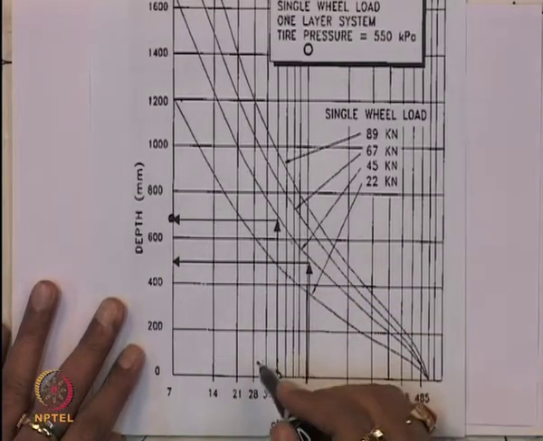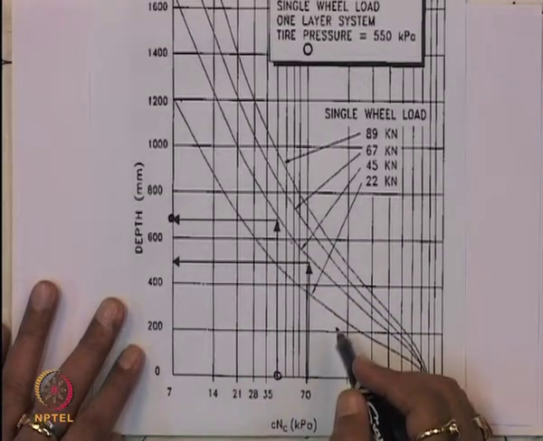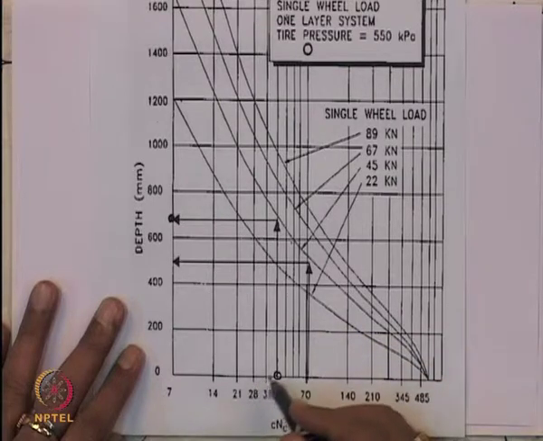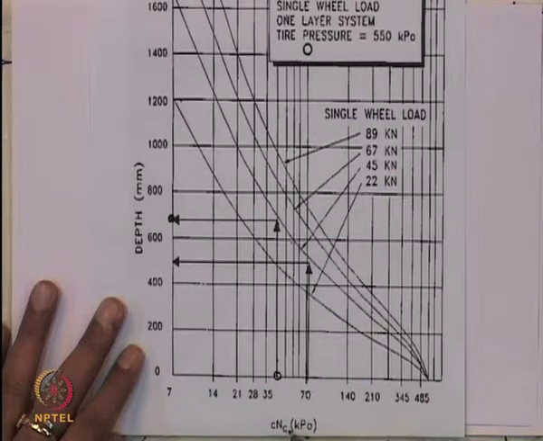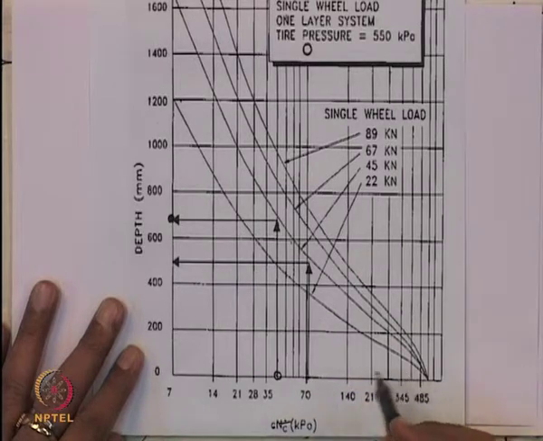Now I will discuss the reinforced case. For the reinforced case, the NC value is 5 and the C value is 15. So C into NC will be 75 kilopascal. It will be somewhere here, 75 kilopascal.